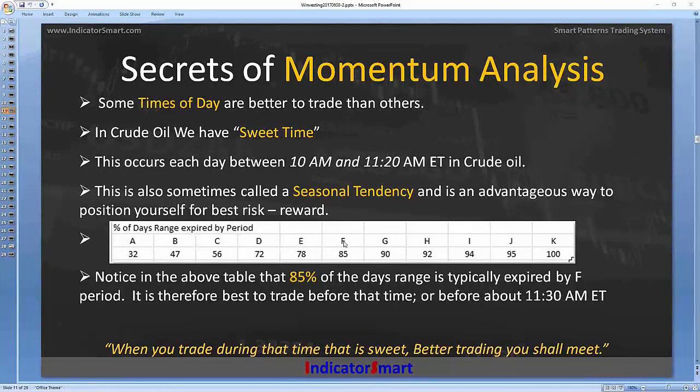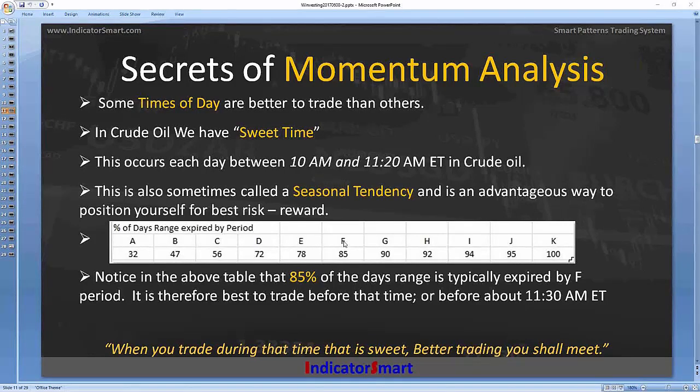So 85% of the day's range is typically expired by F period, and it's therefore best to trade before that time, or before about 11:20 or 11:30 a.m. Eastern time. And that's true in just about any market.